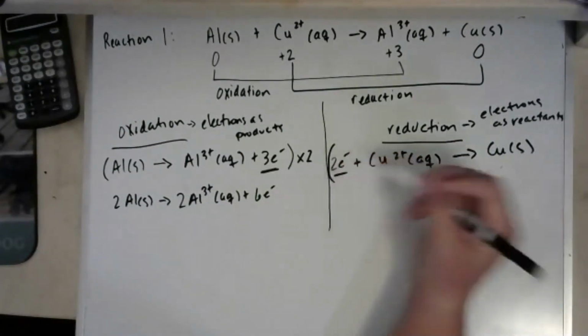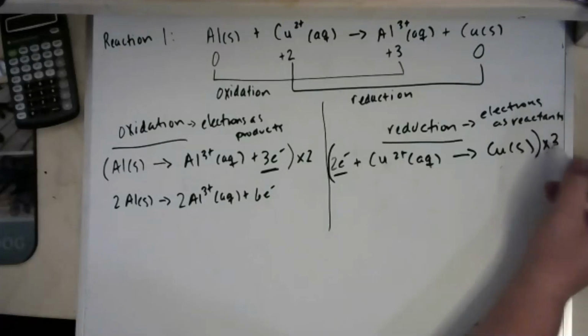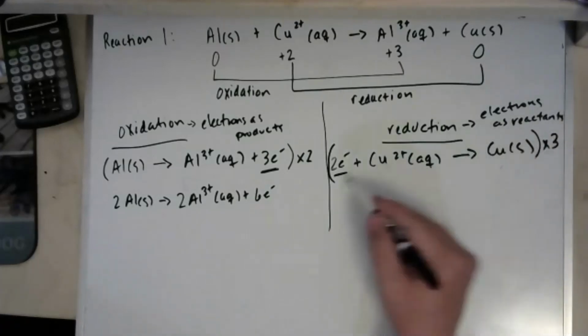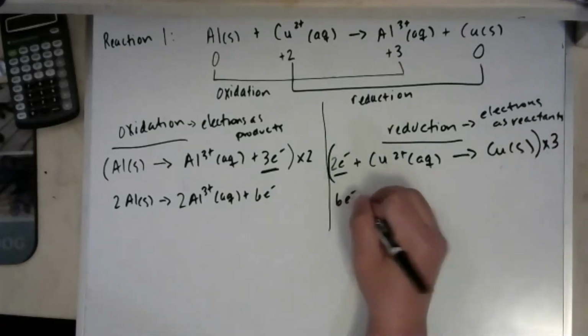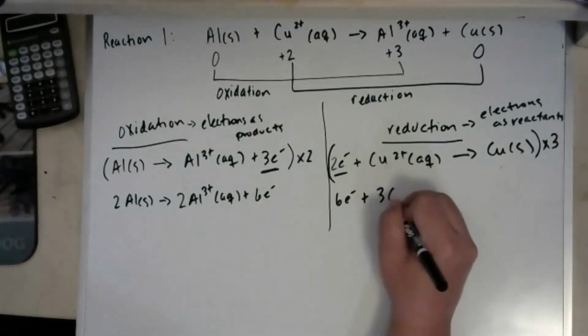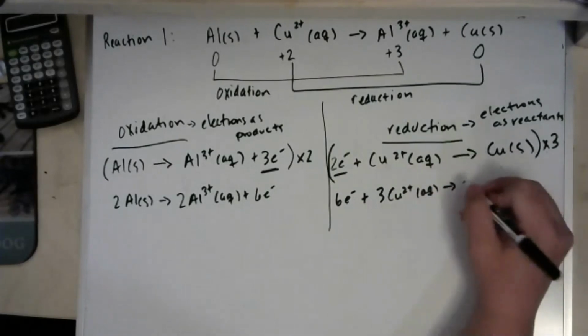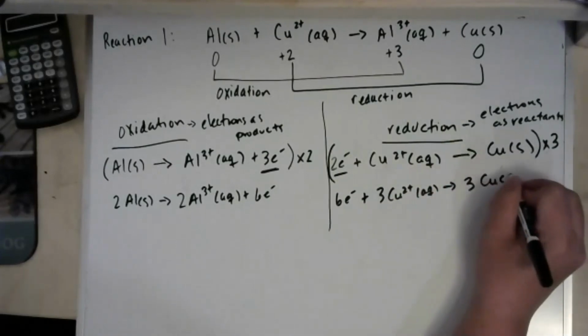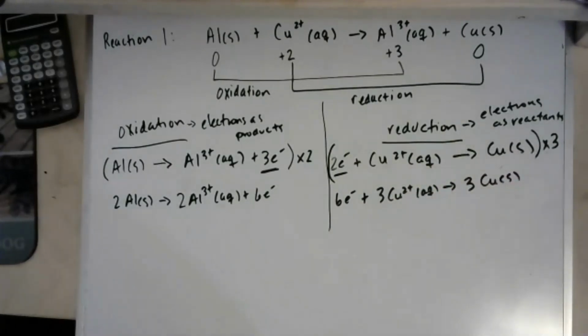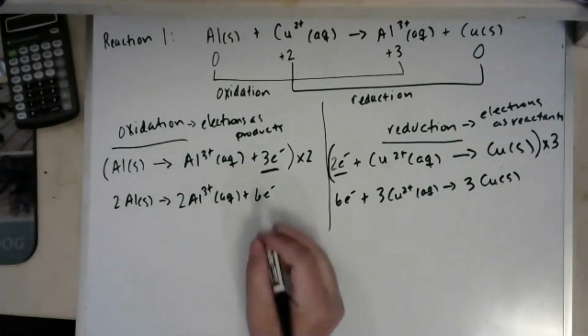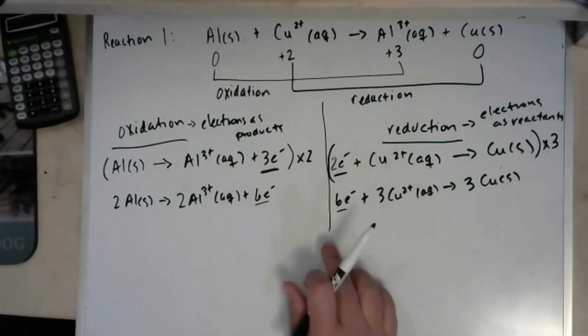And I multiply this entire half reaction by 3. 3 times 2 is going to be 6 electrons plus 3 copper ions gives me 3 solid copper atoms. Okay. Now step 5 is done because my electron numbers are the same.